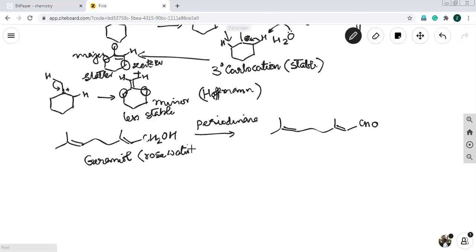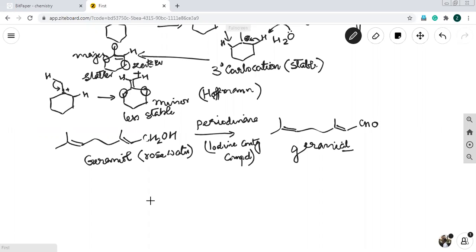The fragrant smelling compound is geraniol. This, when oxidized, you get geraniol, with the aldehyde group. Now this is a specific iodine containing oxidizing agent. I don't want you to learn the structure of the compound, but it's an oxidizing agent. That's all.